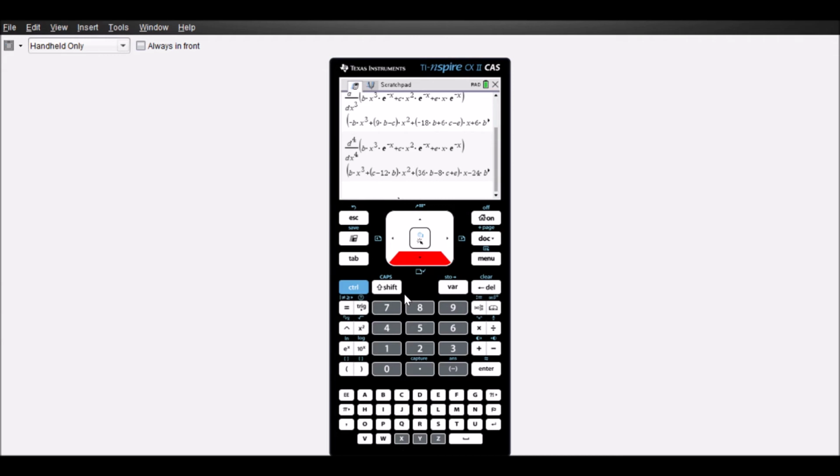Now we wish to look at how to solve a system of equations.